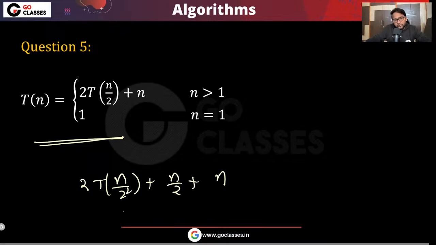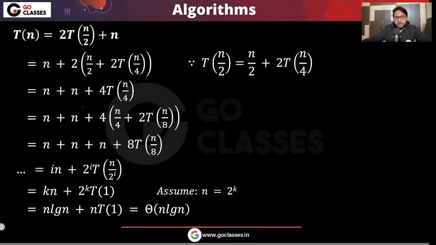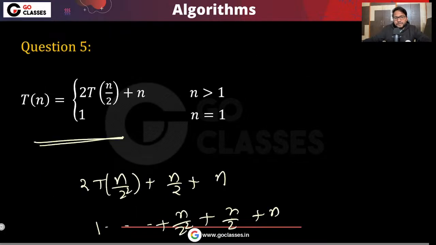And then if you do it one more time, then I think this will be n plus n by 2 plus n by 2 square and so on, right? So ultimately 1, most probably. Or should we solve this? See, the answer is on the next page. So here the pattern that we are getting is basically n plus n.